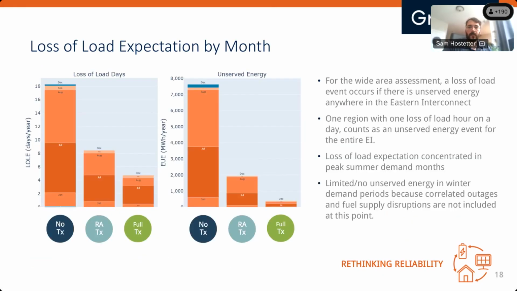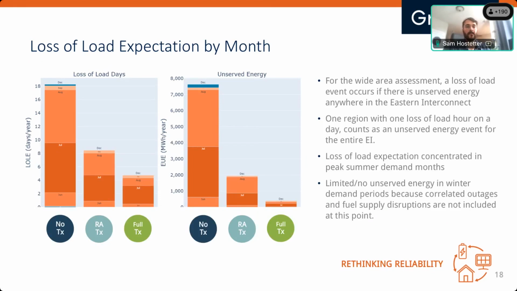And now taking a broader look at the system-wide risk. One caveat to highlight before diving into these system-wide charts is that during this wide area assessment, a loss of load event occurs when there's unserved energy anywhere in the Eastern Interconnect.